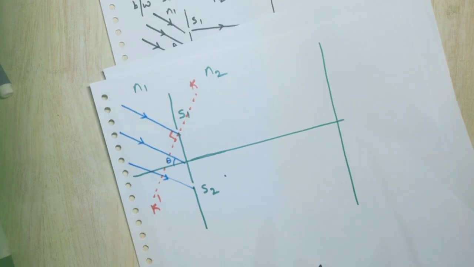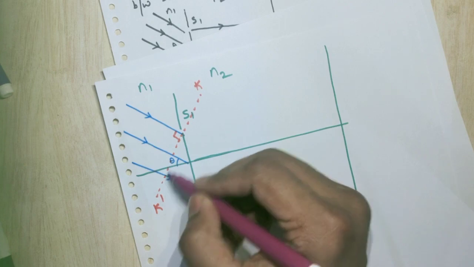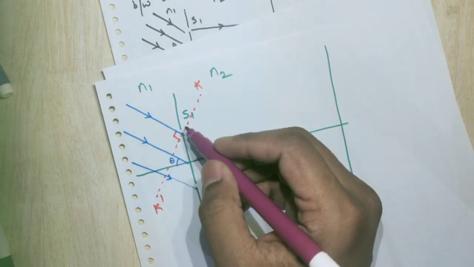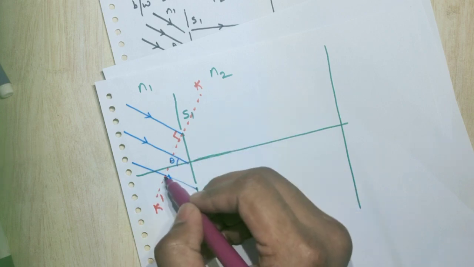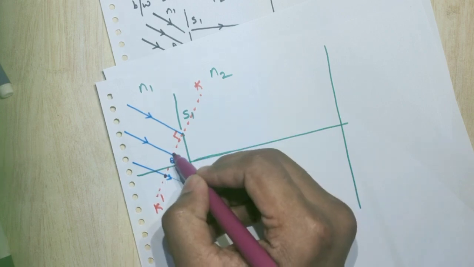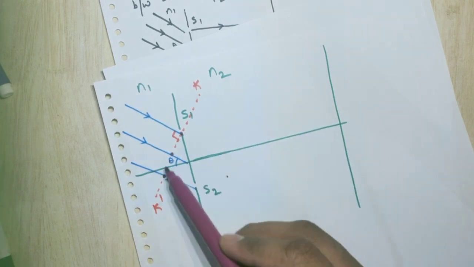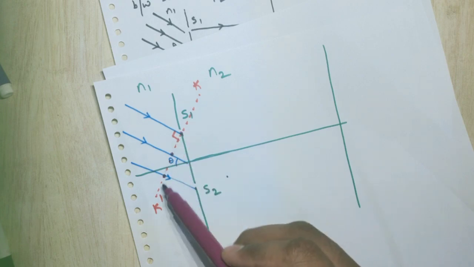One particular property of the wavefront is that every point on the wavefront has the same phase at a particular instant, or you can say all the points on the wavefront oscillate with the same phase. So all these 3 points oscillate with the same phase.